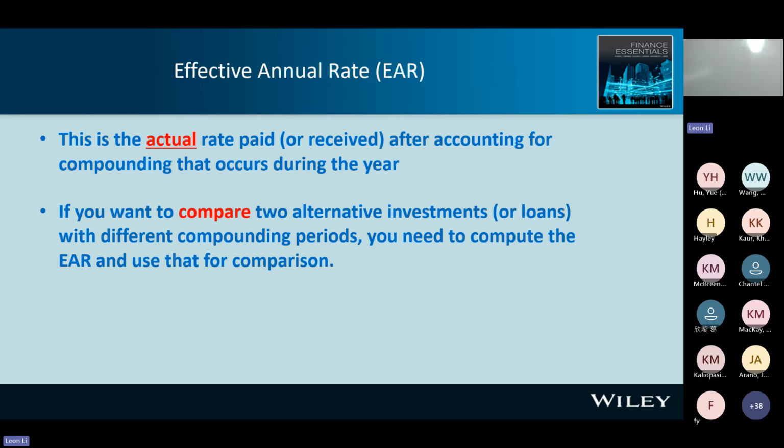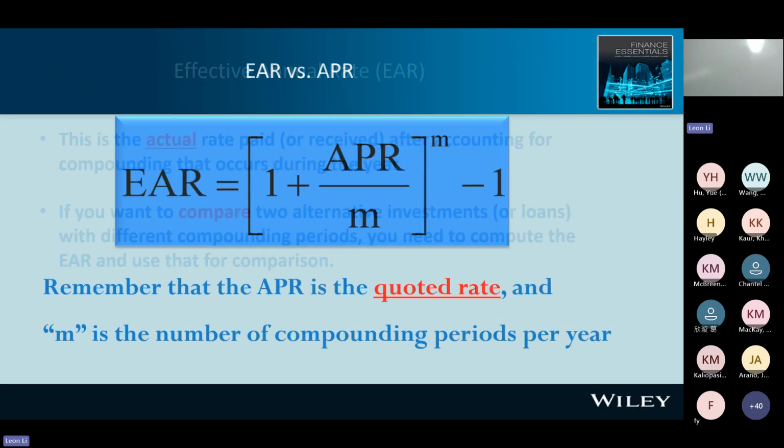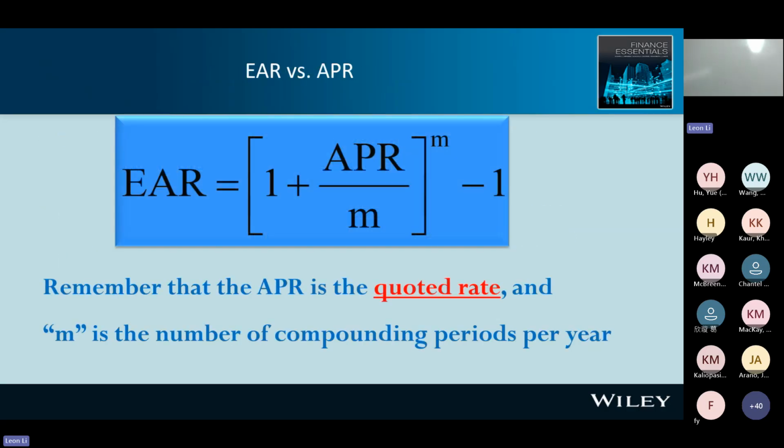So let me show you the detail about the EAR. In the market, you cannot see the EAR. In the market, you can see APR. What you see is APR. This is not EAR, all right? To have EAR, you have to do the calculation. So this is our EAR formula: EAR equals (1 plus APR over M) to the power of M, minus 1.